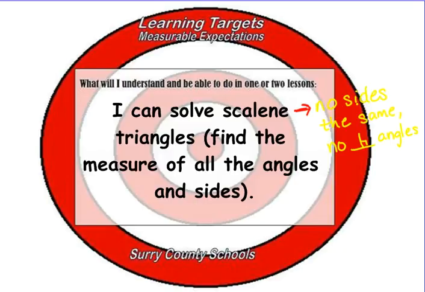A scalene triangle, if you've forgotten that vocabulary word, means no sides are the same and no right angles. So we're going to be able to find the measure of all the angles and the sides of what we call a scalene triangle using trig, but here's why we can use the trig.